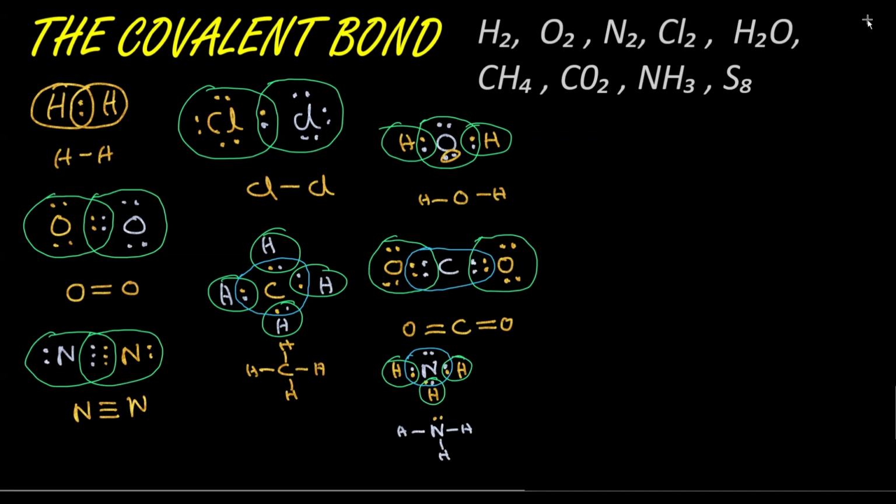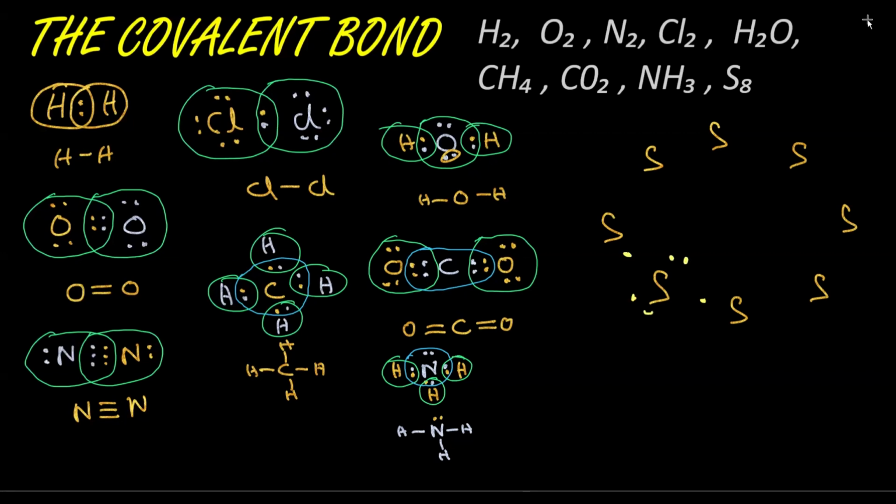So what you can do here is to write, say, 1 sulfur over here, another here, the 3rd, 4th, 5th, 6th, 7th, and 8th. Now figure out that each sulfur has 6 electrons. So 1 above, 1 below, 3, 4, 5, 6.